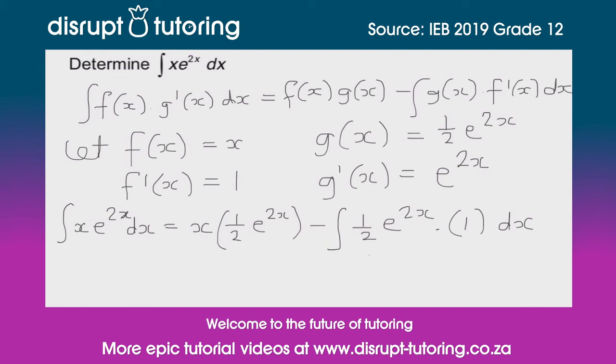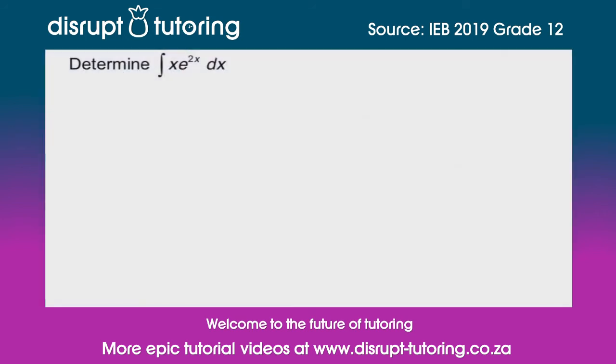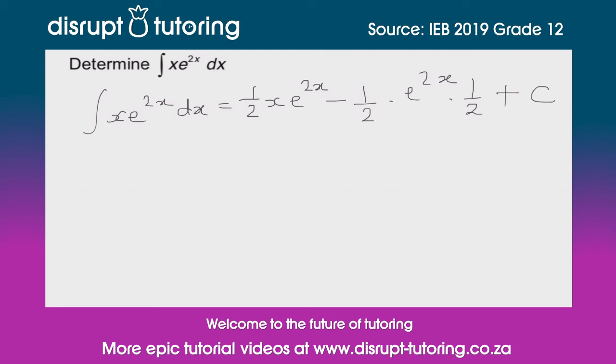Okay, so if we continue now with this integral, what we have is we have our e to the 2x times x dx, which has become our half x e to the 2x, and this new integral minus a half times e to the 2x, but again divide by the derivative of 2x, and don't forget your constant of integration.